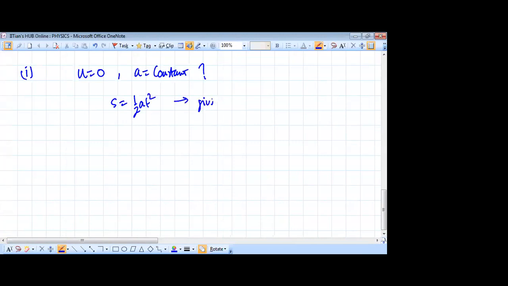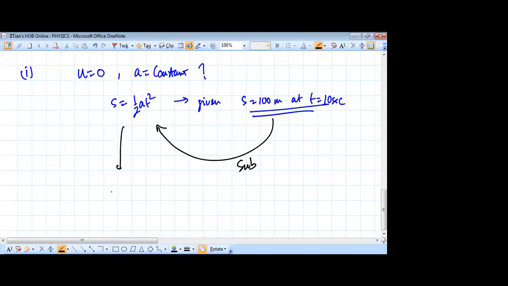Given that displacement is equal to 100 meters at t equal to 10 seconds, substitute this information in this equation. So you will get 100 is equal to half a into 10 square, so you will get the acceleration as 2 meters per second square.